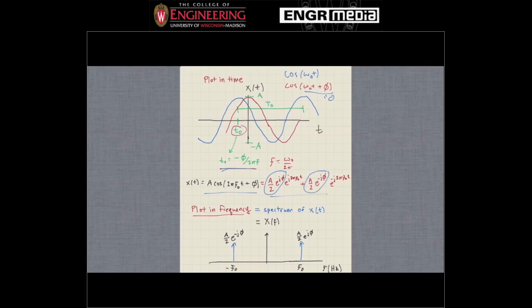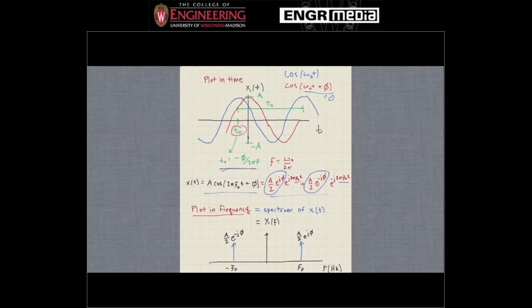So this again is called the spectrum of the signal x. We wrote the signal x, which is just a times cosine of 2 pi f naught t plus phi, and expanded that using Euler's inverse identity. There were two terms involving two different frequencies, a negative frequency and a positive frequency.